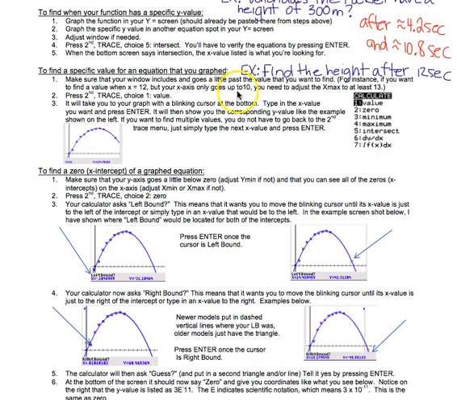If that's the case, it's not going to allow you to do this process. So you always need to make sure that your x-axis goes at least a little bit past whatever x value you want to find. So your x max to find 12 needs to be at least 13. Ours is 20, so we're fine.